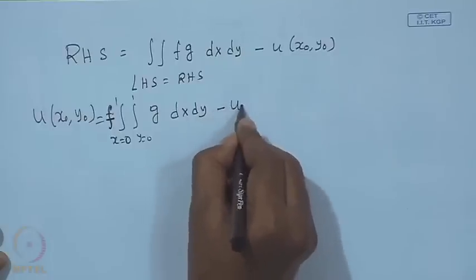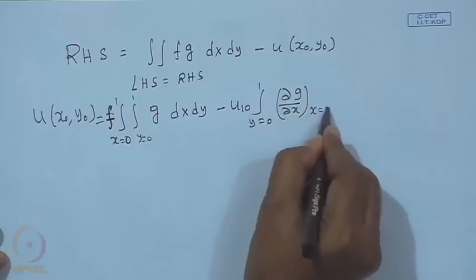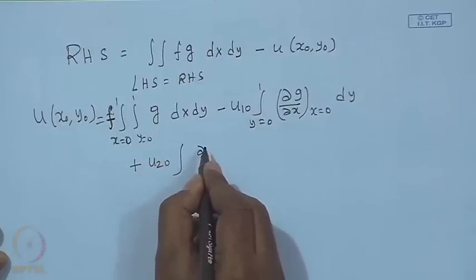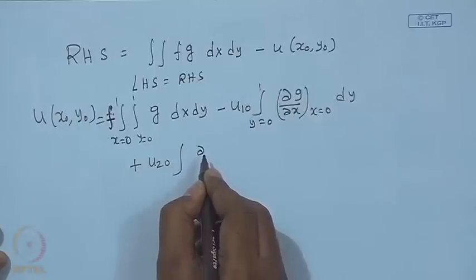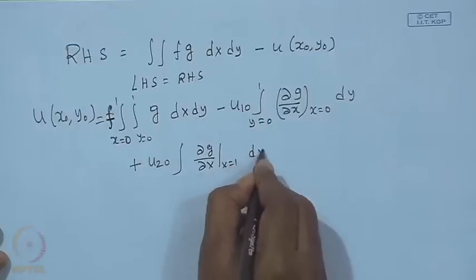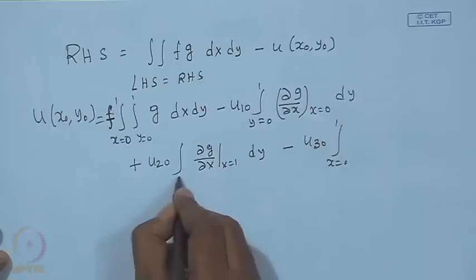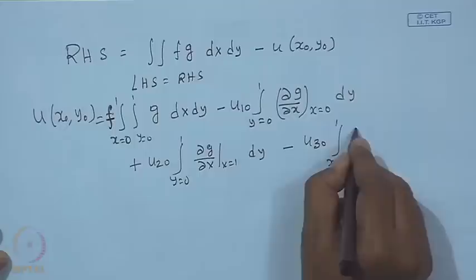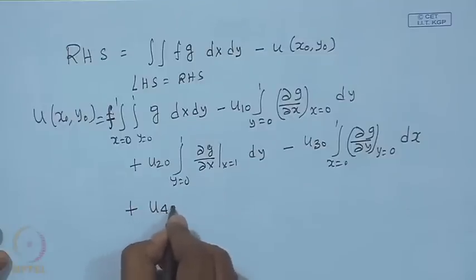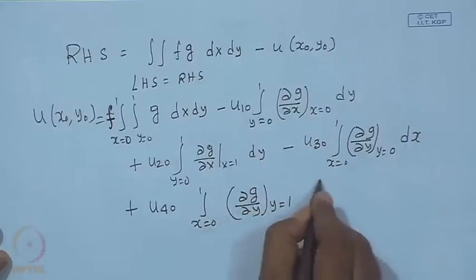Then this will be minus u10 integral y from 0 to 1 of del g del x at x equal to 0 dy, plus u20 del g del x at x equal to 1 dy, then minus u30 integral x from 0 to 1 of del g del y at y equal to 0 dx, plus u40 integral x from 0 to 1 of del g del y at y equal to 1 dx.